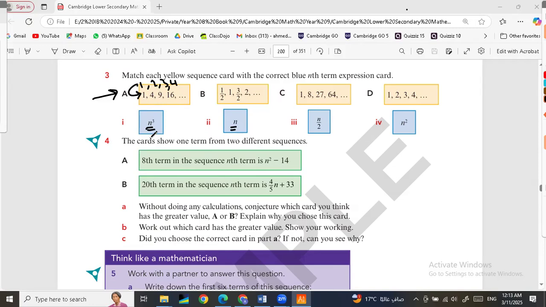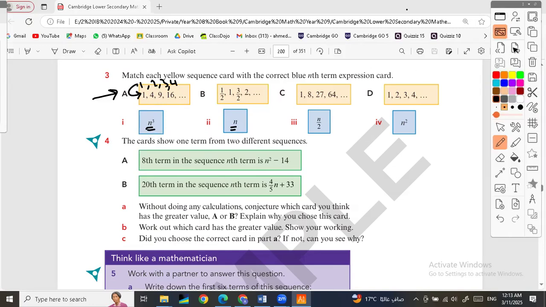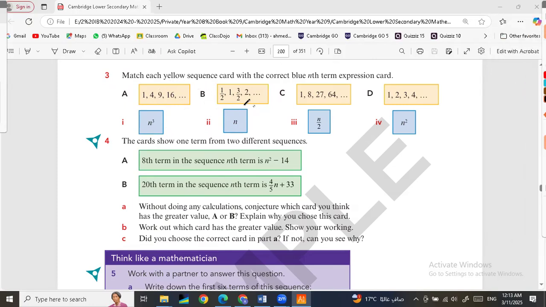In this question, we need to identify the cards that should be matching each other from the yellow cards and the blue cards. So for example, n cubed: what is the first term going to be? If I cube the position, the first term has position 1, so 1 cubed is going to be 1.